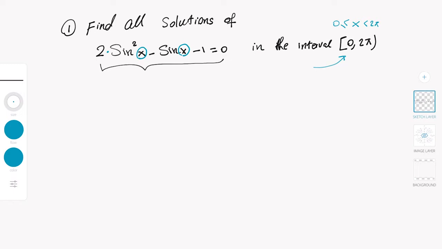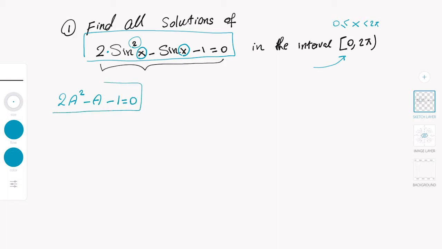So this degree 2 tells us that it would be a good idea to look at this as a quadratic equation. For example, if we had 2a squared minus a minus 1 equal to 0, how do we solve this one? This is quadratic.